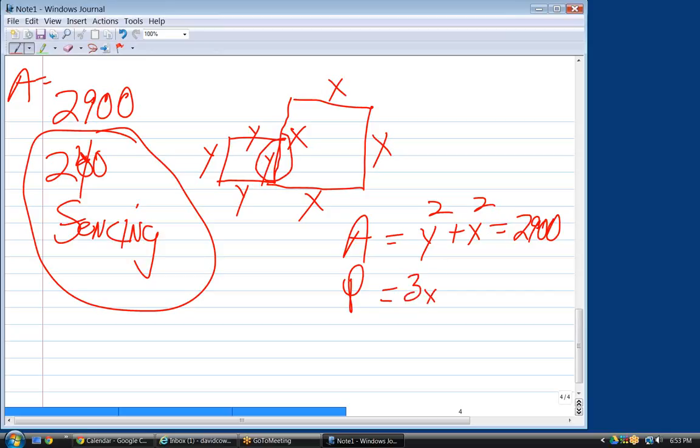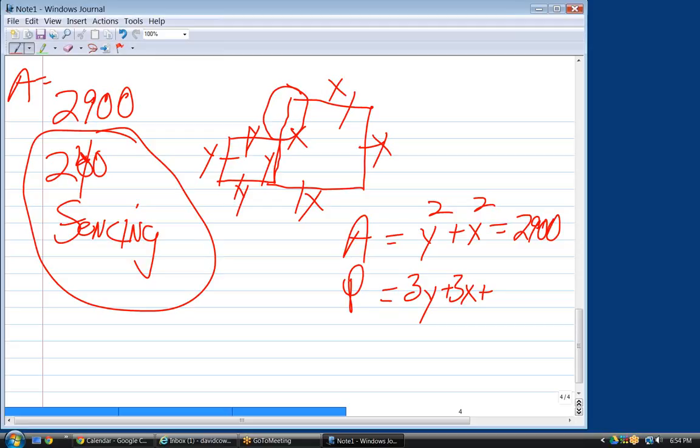Well, we don't need fencing for this part here. So it's 3y. Let's check it off. Let's go through each part here and put a hash mark through it. So 3y takes care of that part of the fence. Plus 3x takes care of these 3 parts of the fence. What takes care of that part right there?